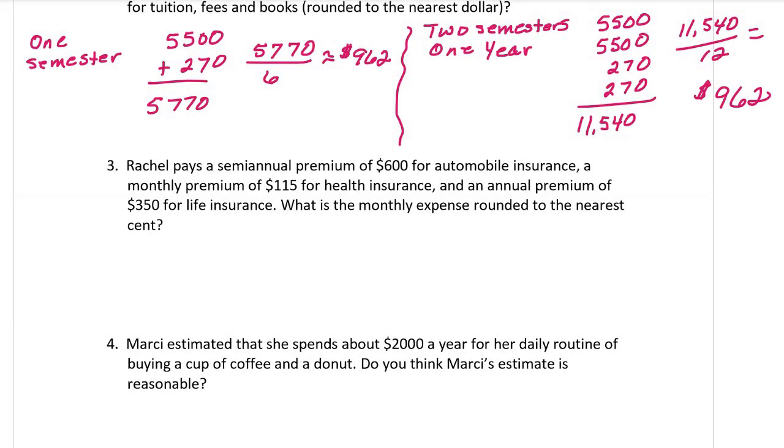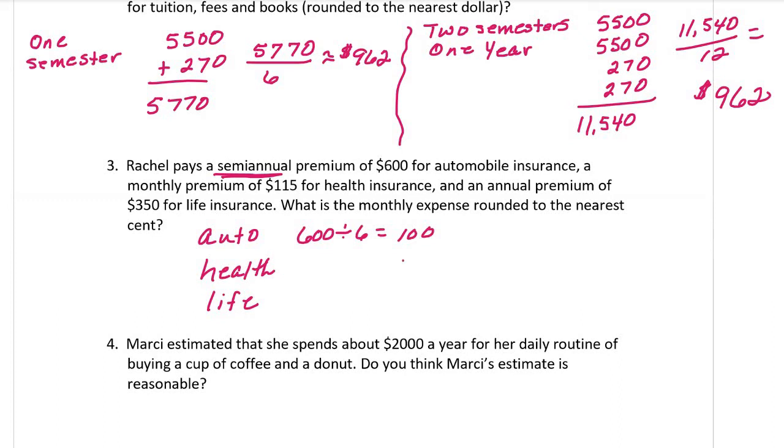Rachel has 3 expenses that we're looking at: auto, health, and life. Rachel pays $600 for automobile insurance semi-annually. That means twice a year or every 6 months. So I need to take this $600 and divide it by 6. So that's $100 per month.